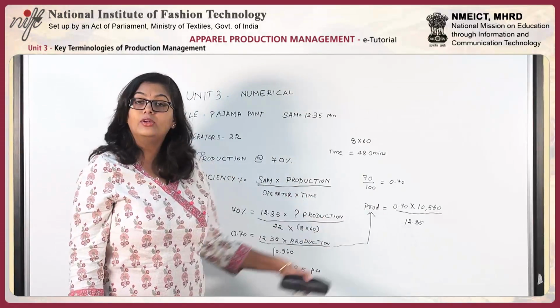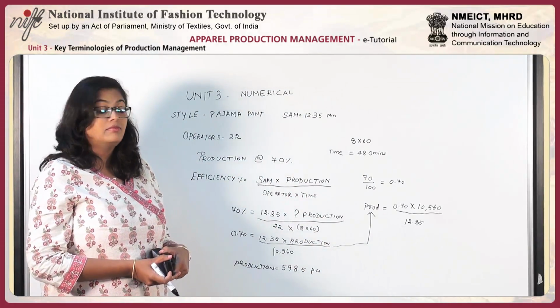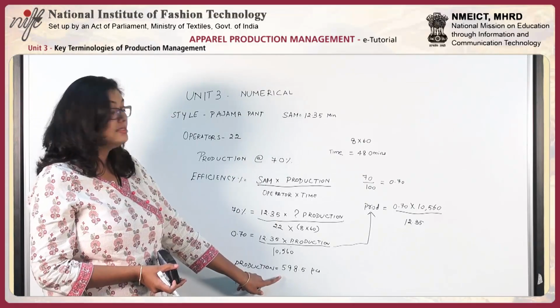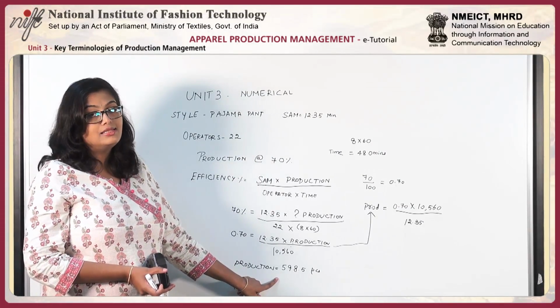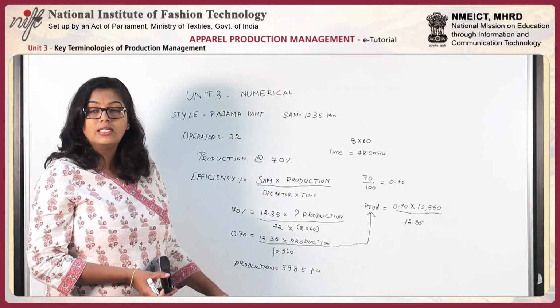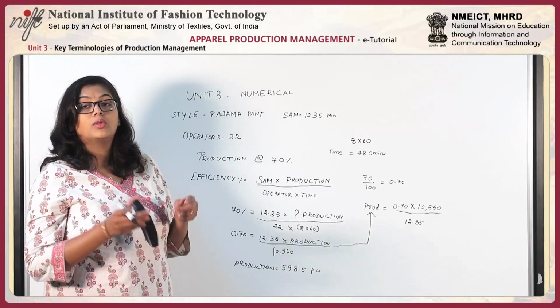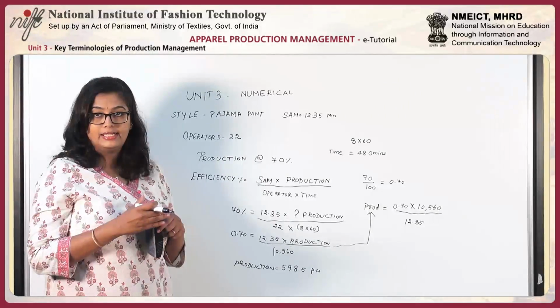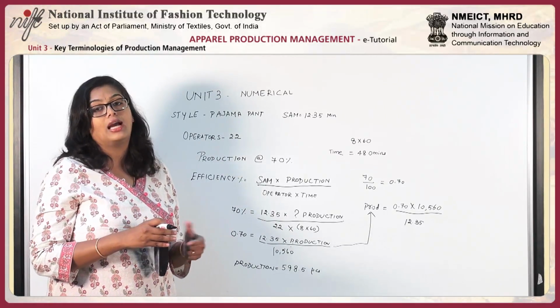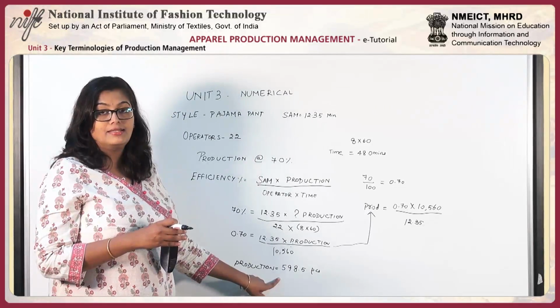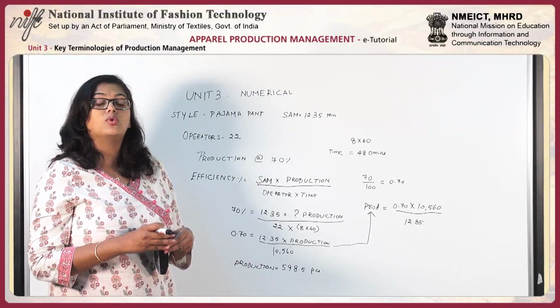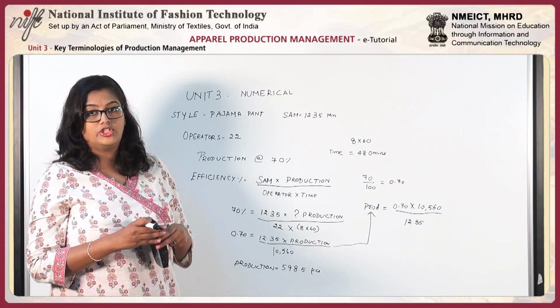So, once we do the calculation of this, the answer we get is 598.5, that is, to achieve 70% efficiency with the current set of operators and the SAM value of the garment, we need to get 598 pieces per day so as to get 70% efficiency.